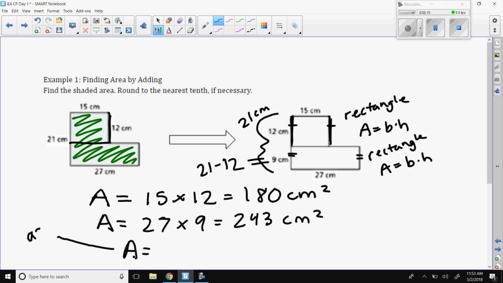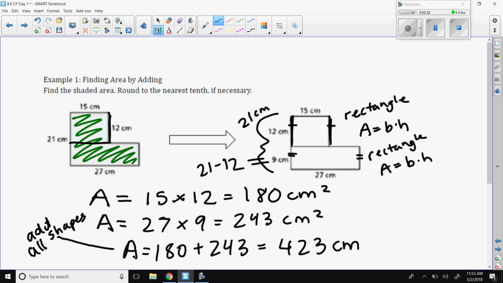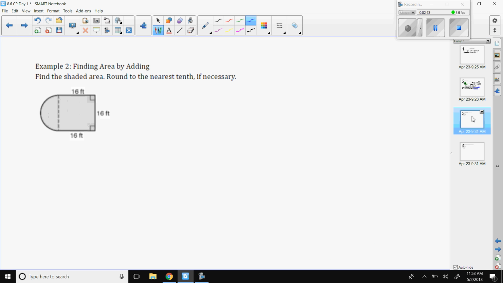Okay, so add all the shapes that you have to get the total area. So 180 plus 243 gives me 423 centimeters squared. And this is your total area for the shaded.